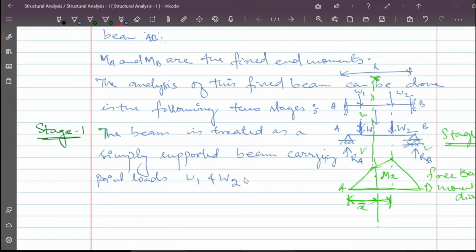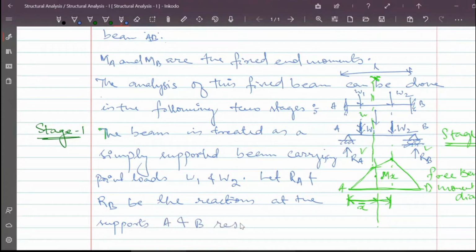Okay, now let RA and RB be the reactions at the supports A and B respectively.